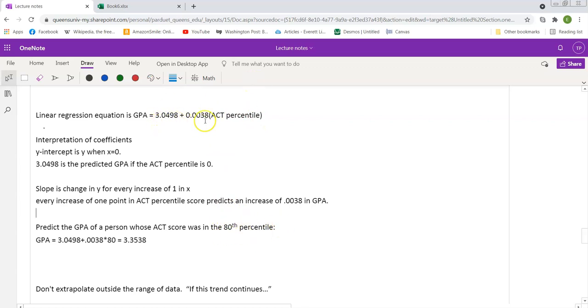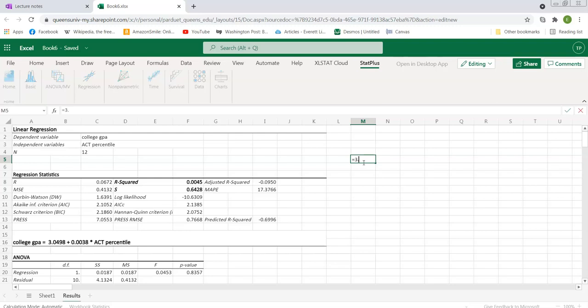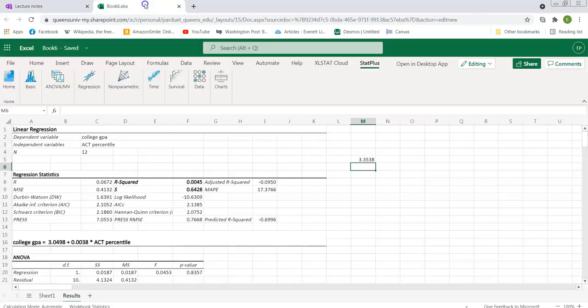So 3.0498 plus 0.0038 times 80. And you can do that in Excel easily. So 3.0498 plus 0.0038 times 80. And that gives us our predicted GPA of 3.3598. Okay. Or 3.3538, I'm sorry.